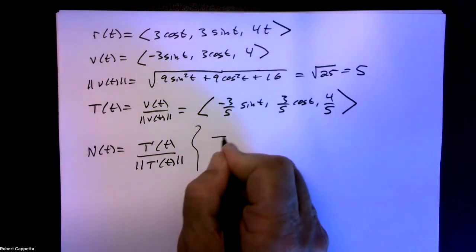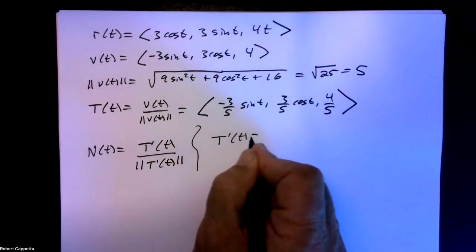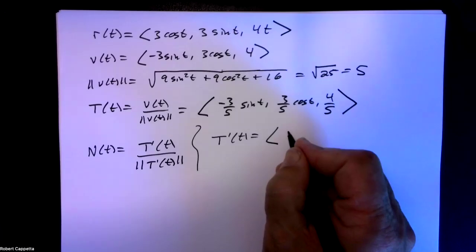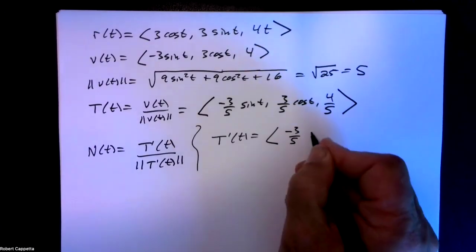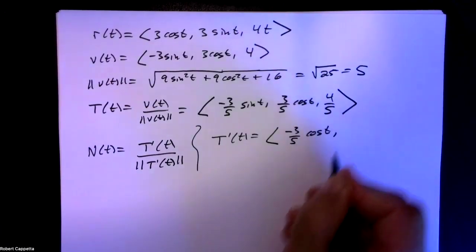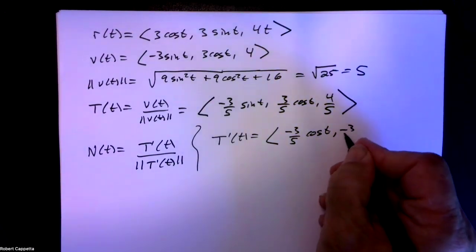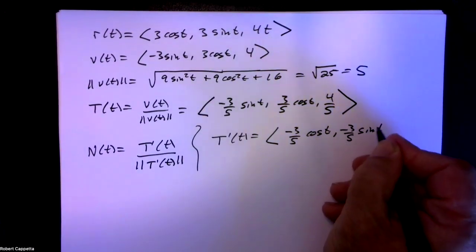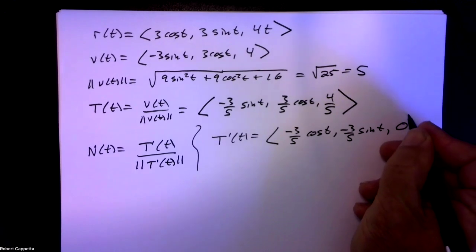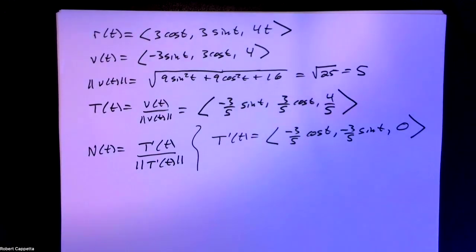So what is T prime of t? -3/5 cos t, -3/5 sine t, 0. Interesting. So notice T prime of t has no component in the z direction. So it lives completely in a plane parallel to the xy plane.